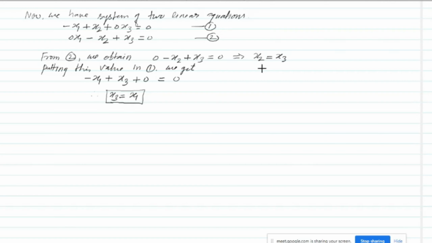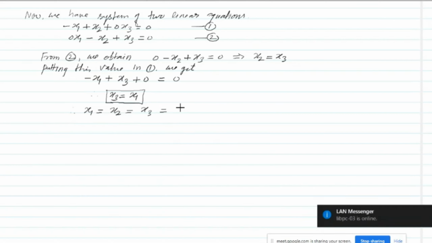Okay, so x2 equals x3 and x3 equals x1, which means x1 is equal to x2 is equal to x3. You can take any value, x1, x2 and x3 are arbitrary, so you can choose any value. Let this be equal to 1.